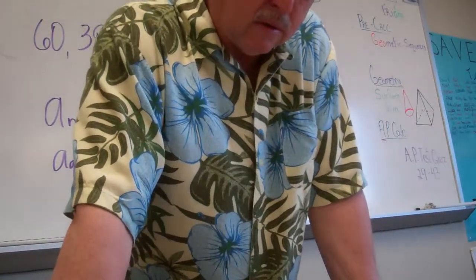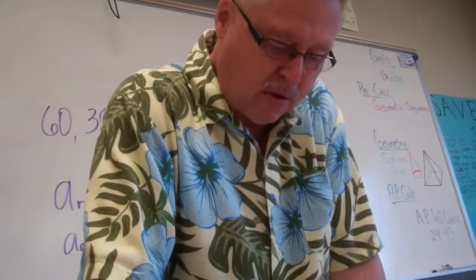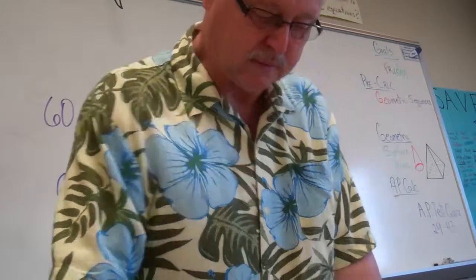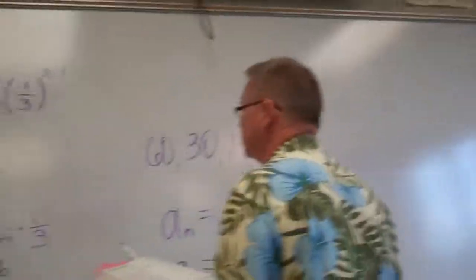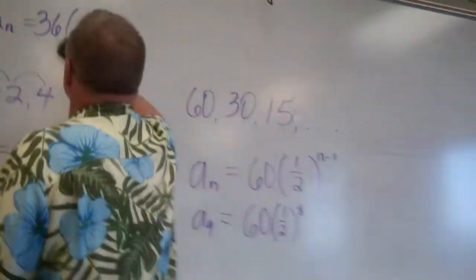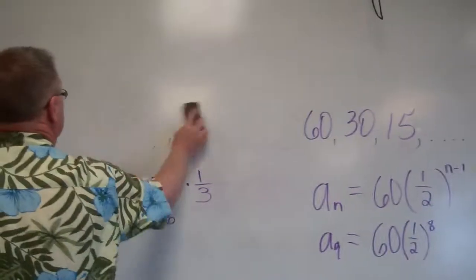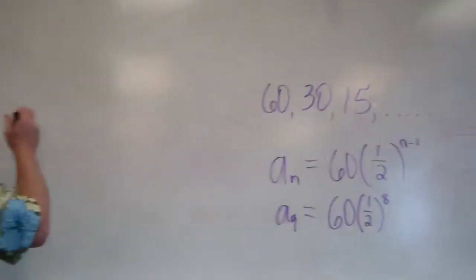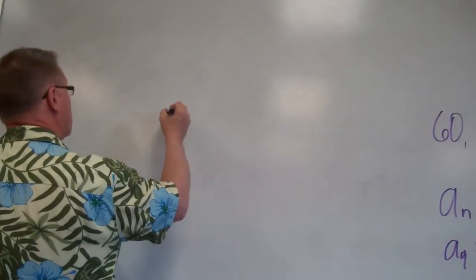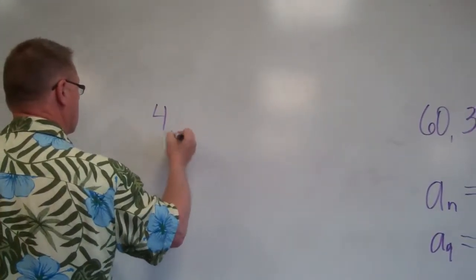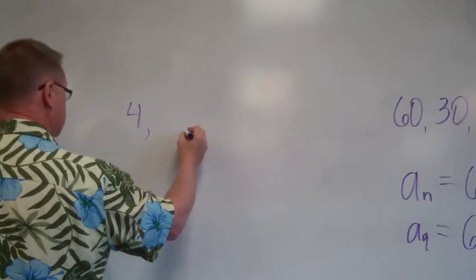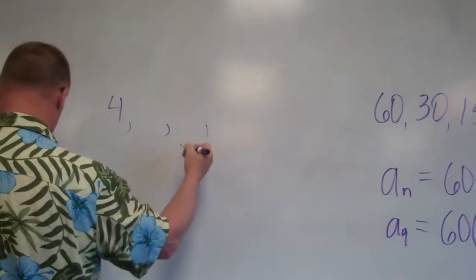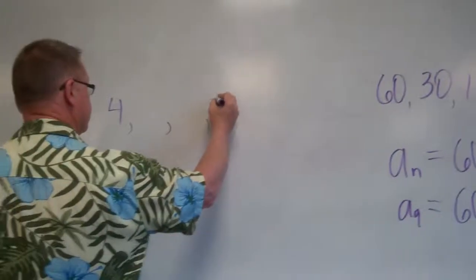Now we're gonna do another one, number 32. In number 32, they have a 4, 2 means, that means 2 missing numbers, and then they have a 256.